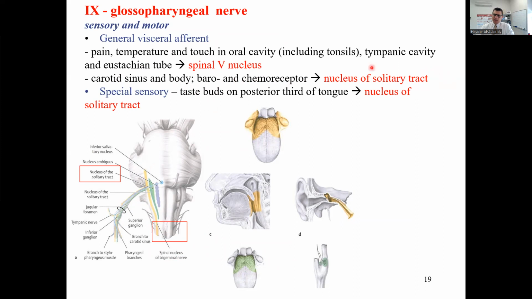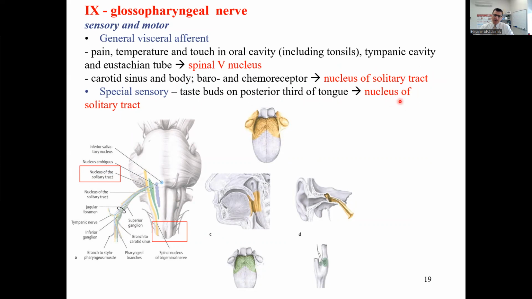The nucleus for these functions is the nucleus of the solitary tract, which is a relatively large nucleus spanning the rostral medulla and caudal pons. Special sensory carries the sensation of taste from the posterior one third of the tongue.